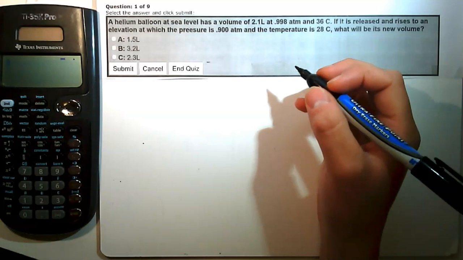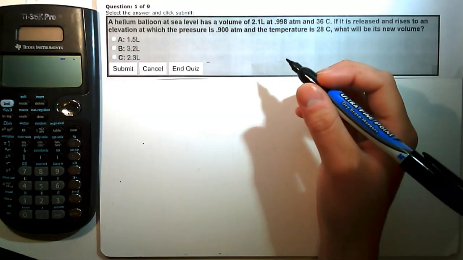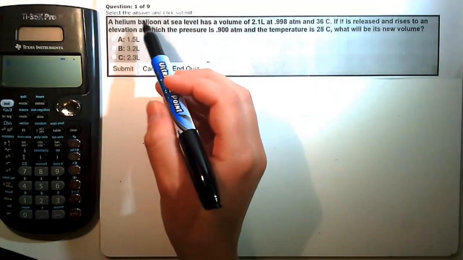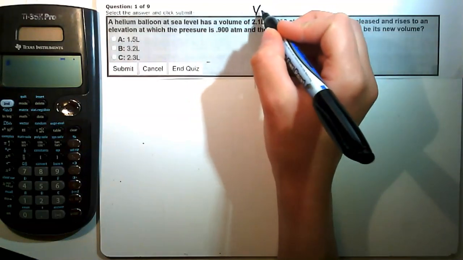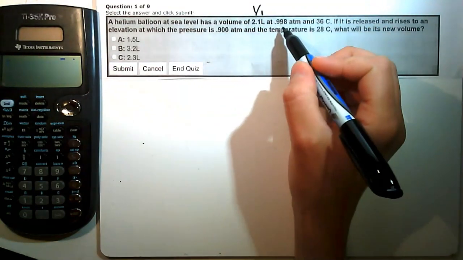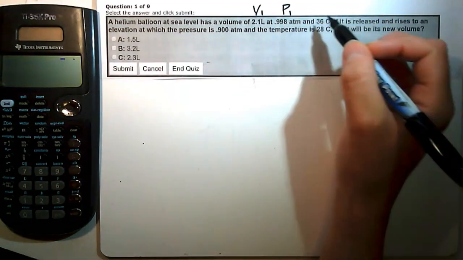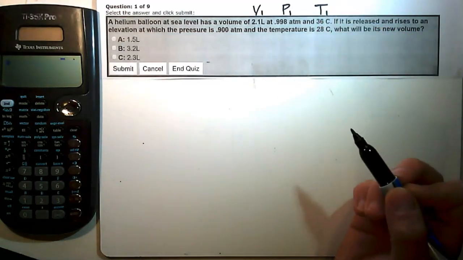So this problem has a lot of information in it, and so we need to start by labeling our variables so we can determine which gas law we need to use here. So let's start at the beginning. Has a volume of 2.1 liters. So that's a volume, so we're going to put that as our initial volume at 0.998 atm, so that's an initial pressure, and 36 degrees Celsius, so there's our initial temperature.